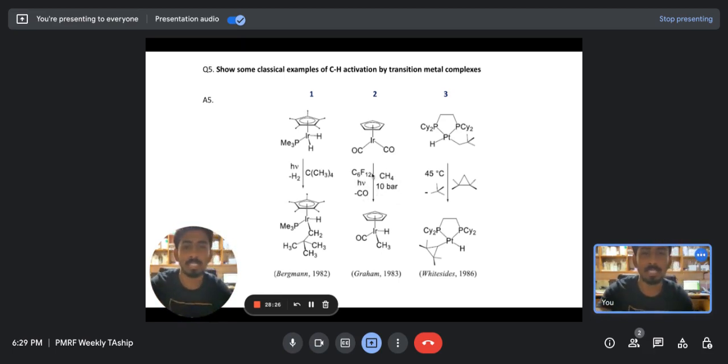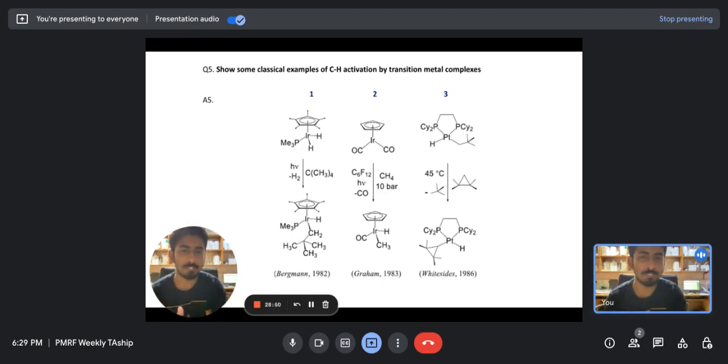This C6F12 is nothing but the solvent of the reaction. They use these fluorine groups because they do not want to interfere with the hydrogen atoms of the solvent. That is why they have taken this fluorinated solvent, so that these molecules are stable in the solution. Now I have already told you that under irradiation the CO molecules also get eliminated.